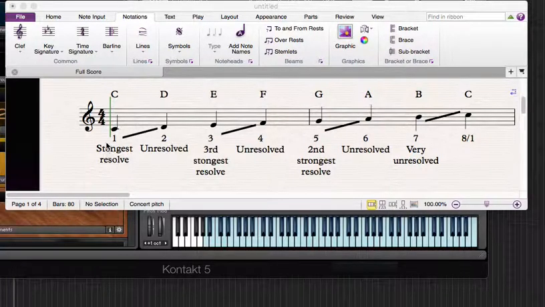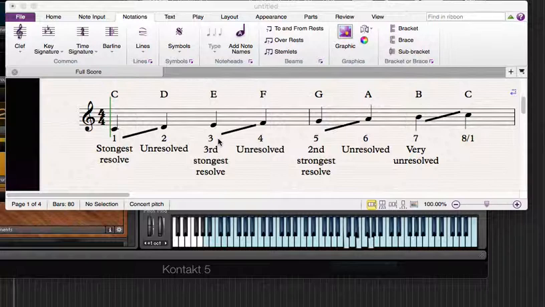The idea here is that every number or scale tone in any key or any scale has different strengths or different characteristics, if you like. Most of it is based off this idea of what's called the triad. The triad is a type of chord, the most basic kind of chord, that's just derived from these notes.